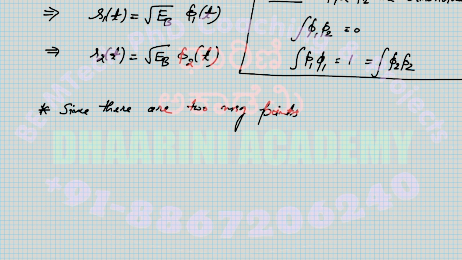Each of them is represented by the signal vectors S1 and S2. So 2 points represented by S1 and S2. We need to calculate the coefficients of the signal on S1 as well as S2.